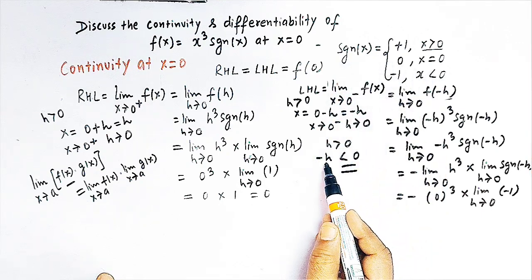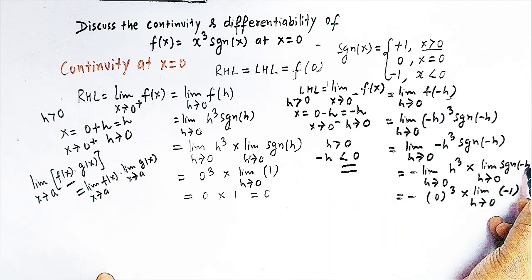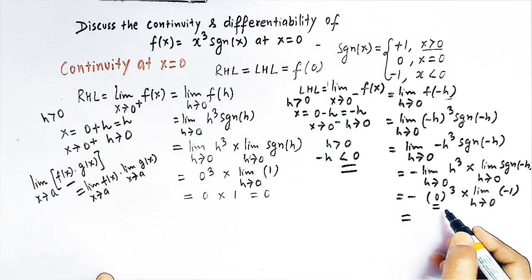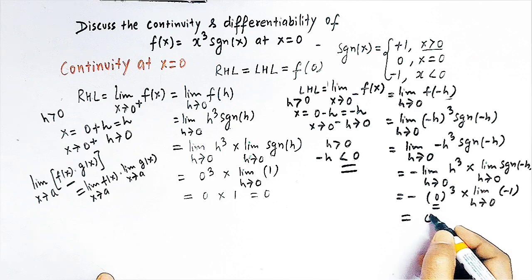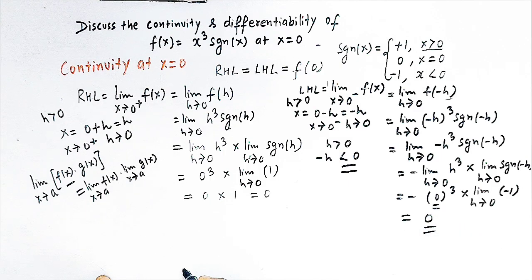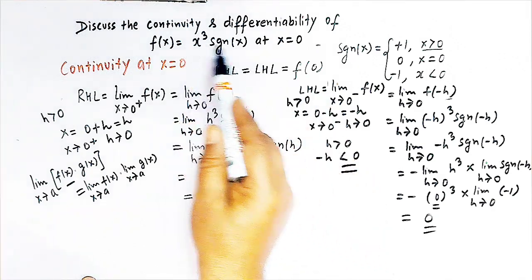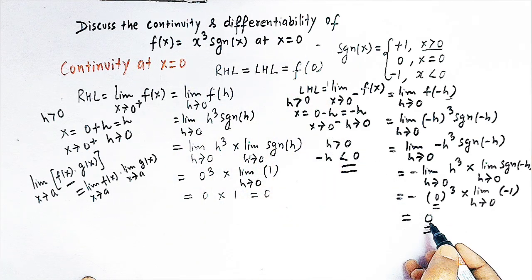So here minus h is less than 0, so signum of minus h should be equal to minus 1. So now here we have 0, so this entire term is now 0. So the left hand limit of this function when x approaches 0 is also equal to 0.